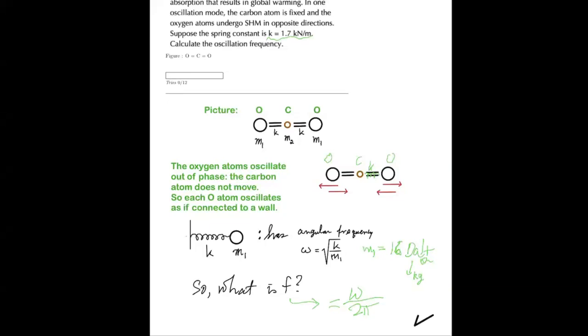So radians per second divided by 2 pi radians gives inverse seconds, the frequency. So the unit there would be 1 over second, and we give that a special name for oscillations. We call that hertz. So in a lot of the problems for this assignment, you'll have to express the answer in hertz. Hertz is 1 cycle per second.